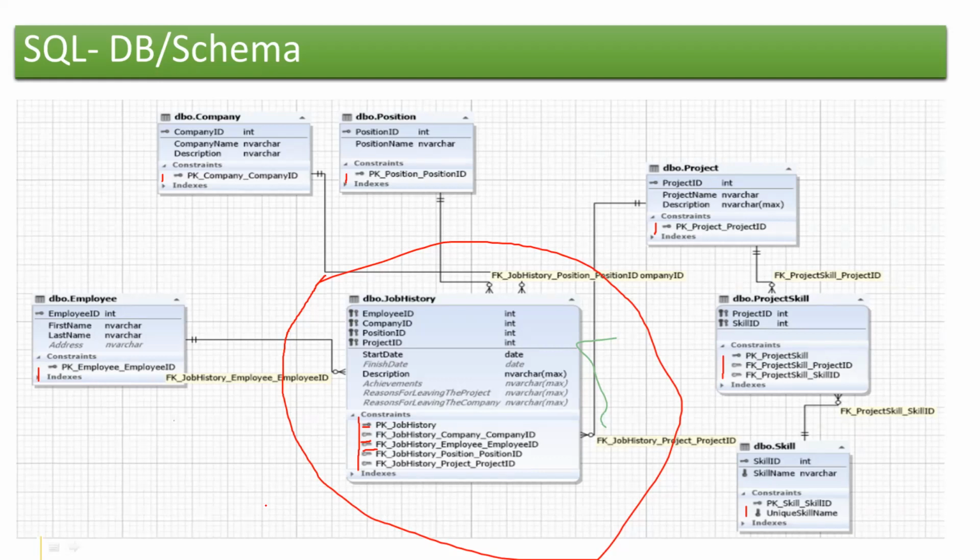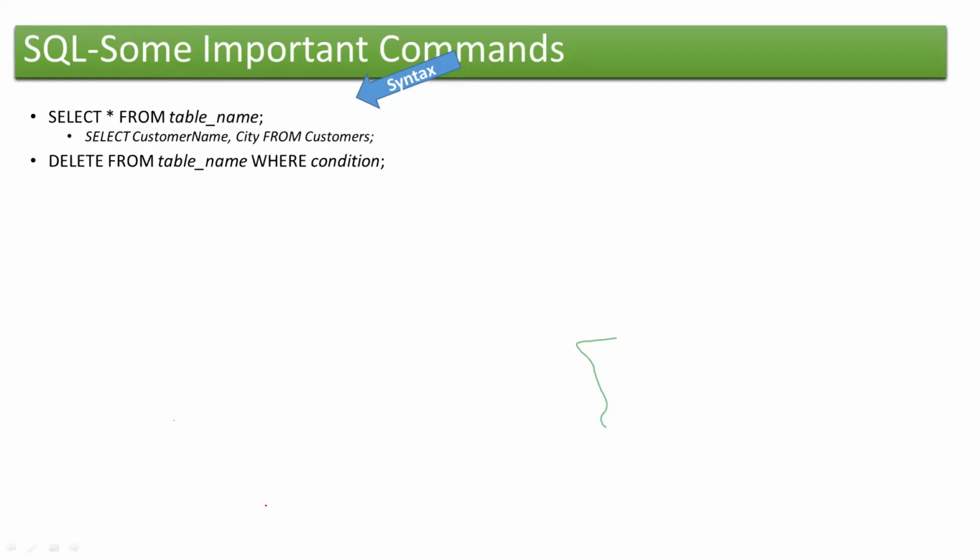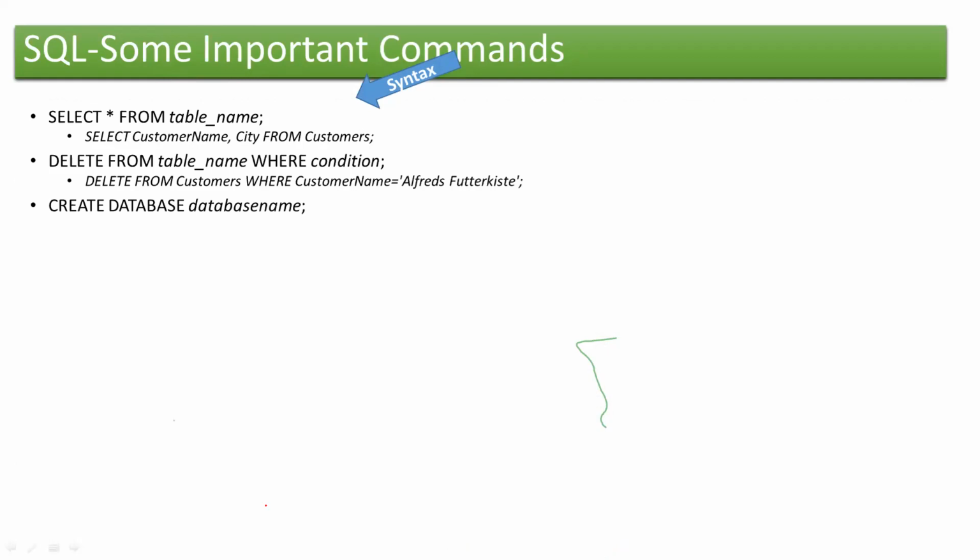Great. So some important commands in SQL which you can find: select from table, for example select customer name, city from customers. The other one, delete from table name where condition, for example delete from customers where customer is so and so. Definitely we will not have the option of delete in any organization.